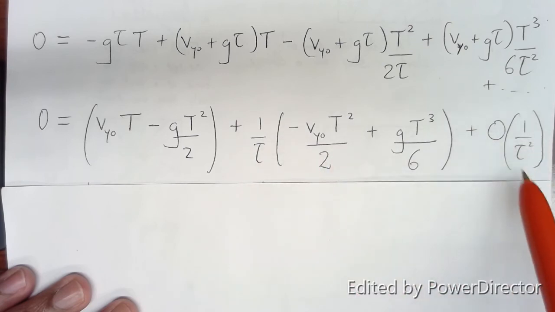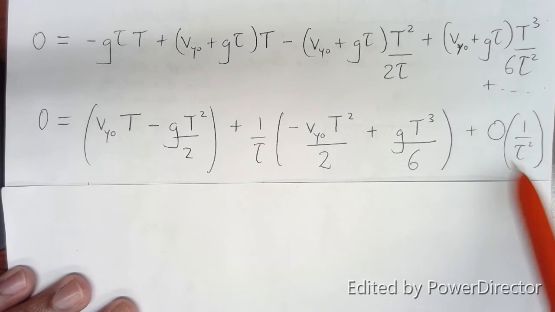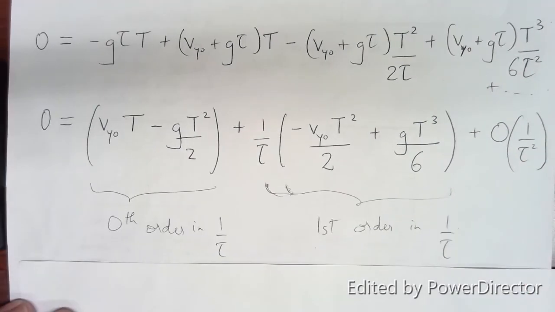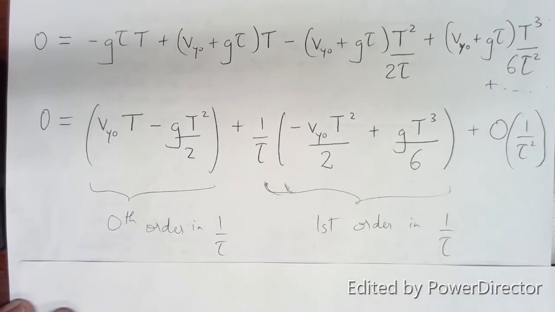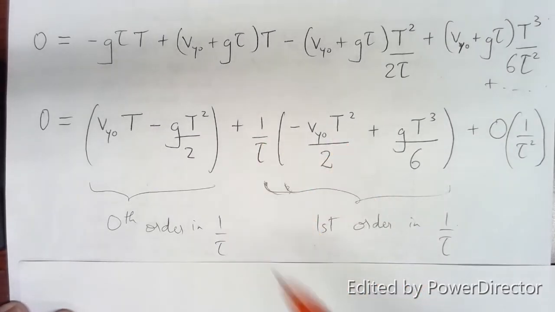All the other terms are of order 1 over tau squared or smaller. The O here, this is an O, not a 0. This is O for order, so of order 1 over tau squared and smaller. So we have a 0th order in 1 over tau and a 1st order in 1 over tau, or, as I said more precisely, in t over tau.